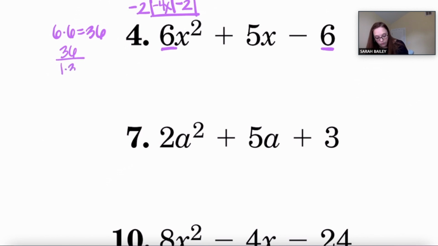So 1 times 36, 2 times 18, 3 times 12, 4 times 9, and then 6 times 6. I want a pair that's going to give me positive 5. And it looks like the 4 and the 9. All right, now I'm going to make my box.